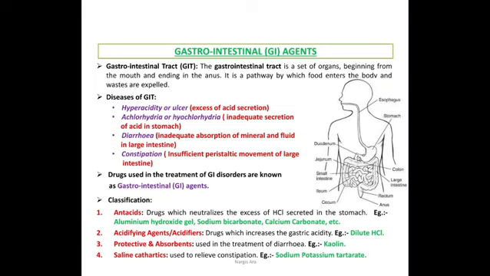Examples: aluminum hydroxide gel, sodium bicarbonate, calcium carbonate, etc. Acidifying agents are drugs which increase the gastric acidity. Example: dilute HCl. Protectives and absorbents are used in the treatment of diarrhea. Example: kaolin. Saline cathartics are used to relieve constipation. Example: sodium potassium tartrate.